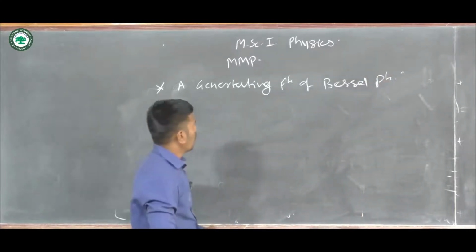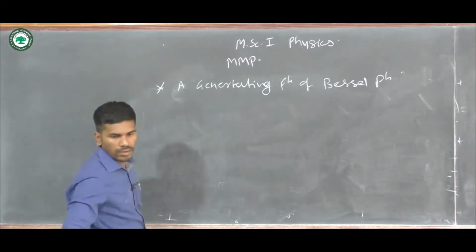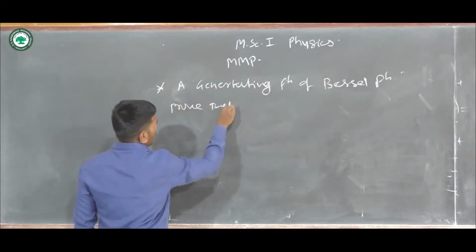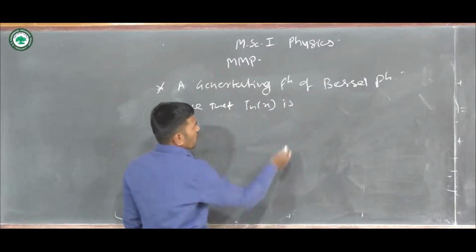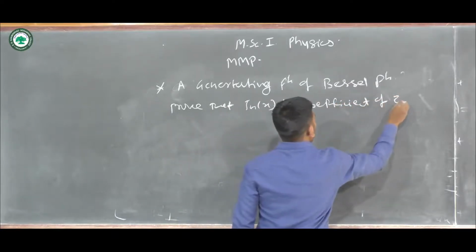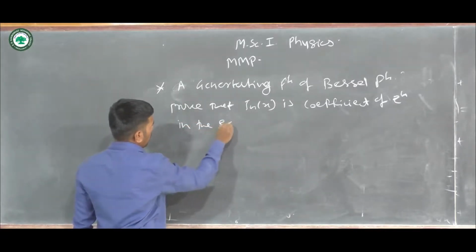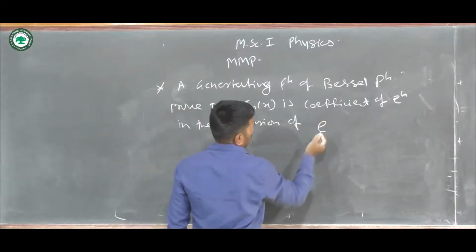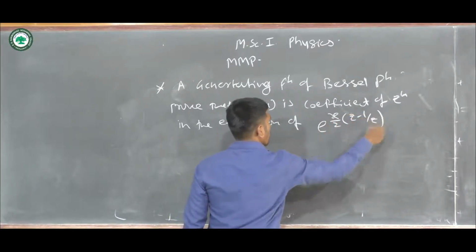Okay, so here prove that Jn(x) is the coefficient of z power n in the expansion of e raised to x by 2 into (z minus 1 by z).